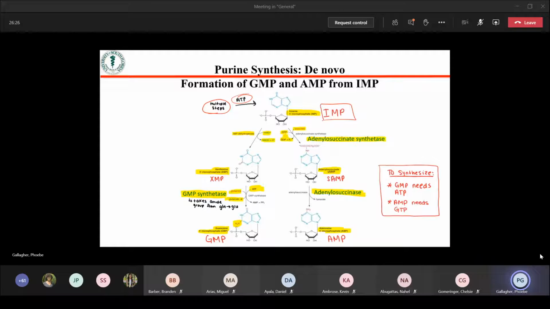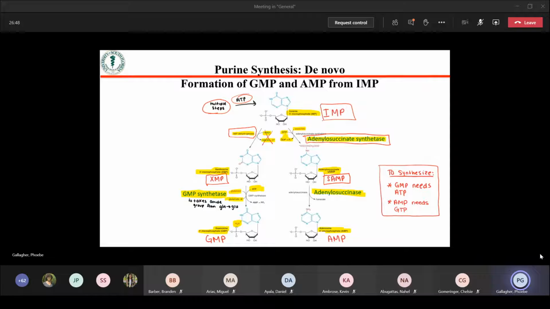The difference here is that first you're going to make these middle products. So you've got your XMP and then your SAMP that are made from this enzyme and this enzyme. I would know both these enzymes. This one's bolded, but this one she bolds later on because we talk about it again, so I would memorize this one as well.